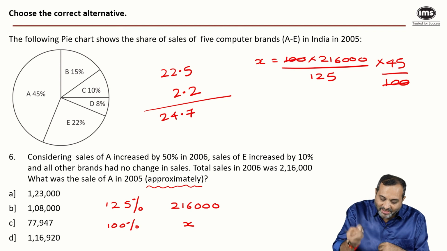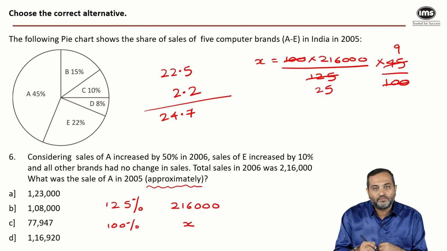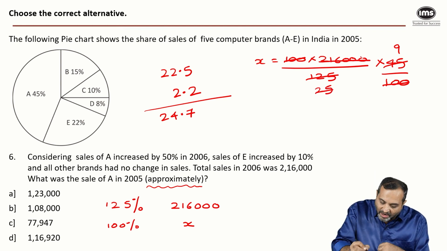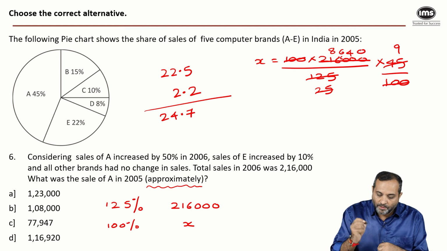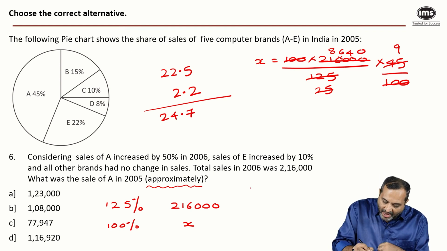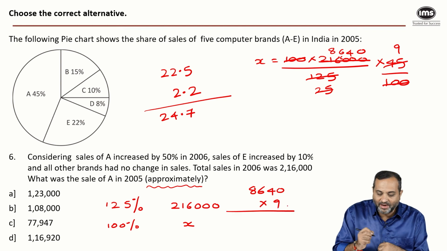Do you see 100 gets cancelled out? Now 5 nines are 5 into 25. Let's see, 25 8s are 200, 160, 16 is left, so 640. 8, my answer has to be, and 8640 into 9, that is my answer.